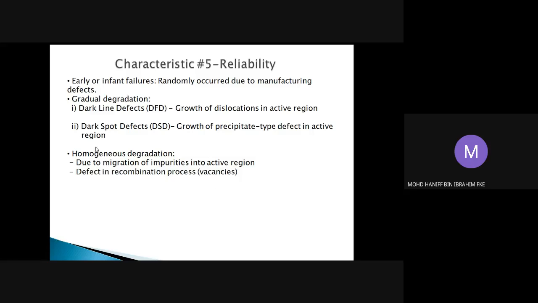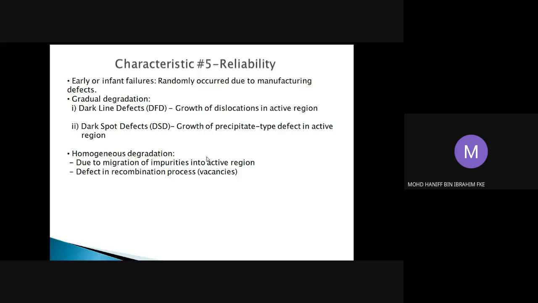Okay, so this is the homogeneous degradation of an LED. Number one, it can be due to migration of impurities into the active region. When we have increasing impurities in the active region, the impurities will produce non-radiative recombination, as we have discussed before. So when we have an increasing non-radiative recombination process, the internal quantum efficiency will be reduced.